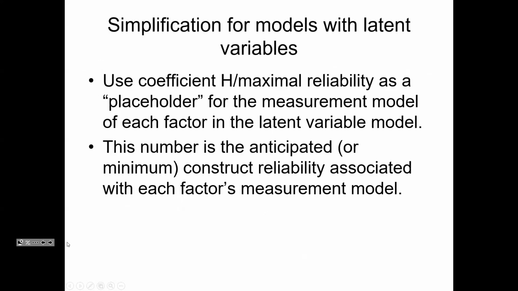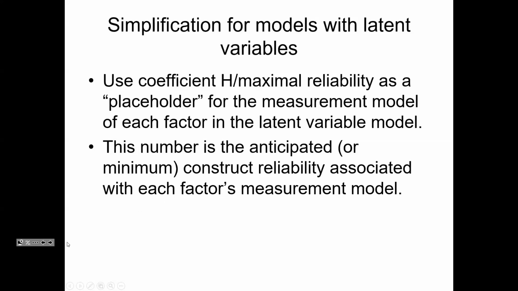So one thing that's really nice about coefficient H is that you can compute this just using data from other people, right? Let's say somebody published a factor analysis of a scale, and you know what the loadings are for that subscale. You can actually use those standardized loadings to compute coefficient H by hand. It's really easy.